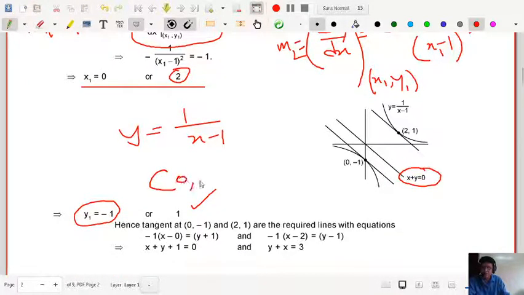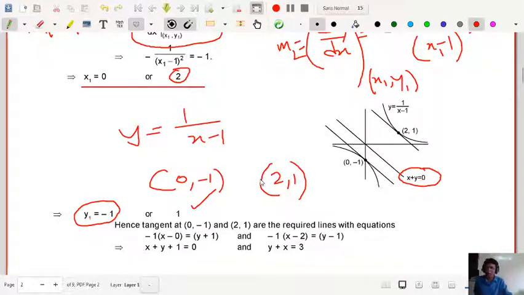One is (0, minus 1) and another one is (2, 1). Why is it so? Because the graph of y equal to 1 by (x minus 1) has 2 branches, one in the first quadrant and another on this side. So there will be 2 tangents actually. This is one of the tangents and this is one of the tangents.